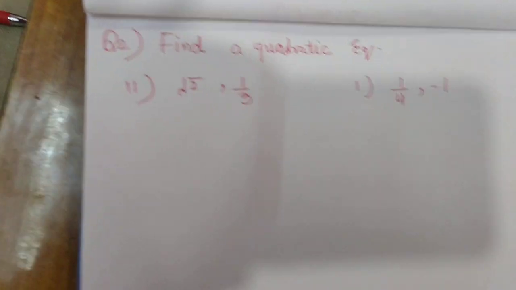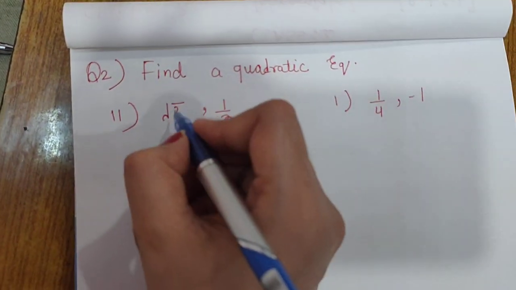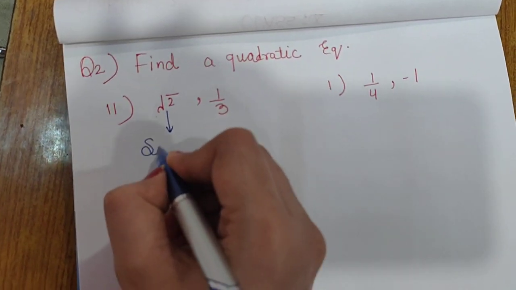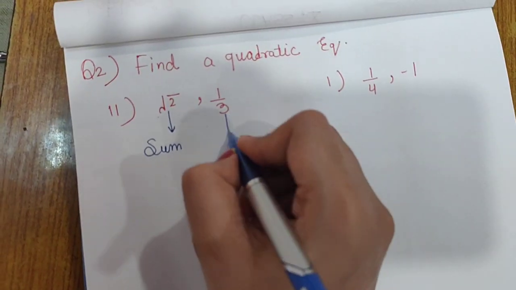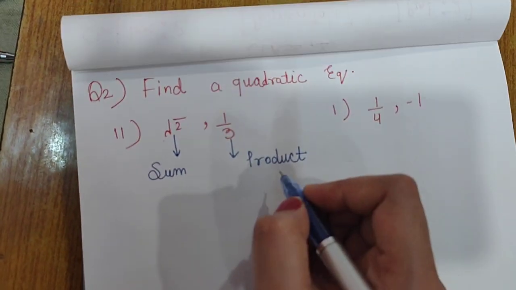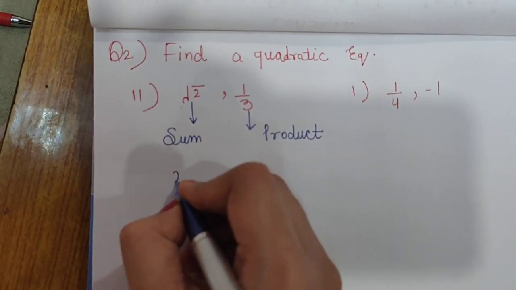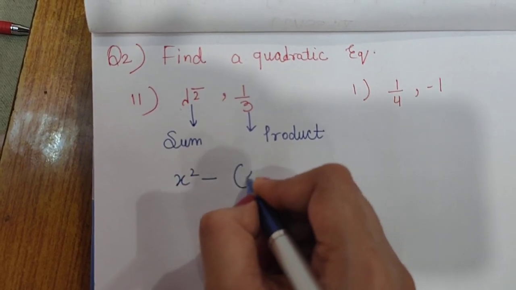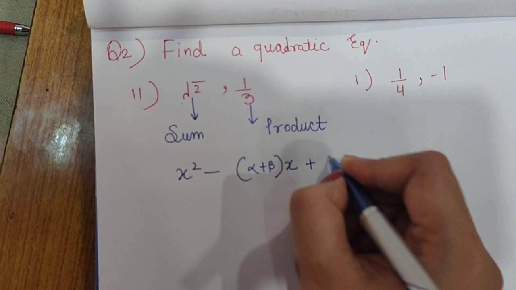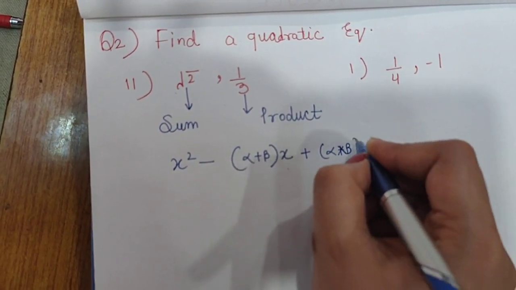Clear? So in question number 2 of NCERT exercise 2.2, sum and product are given. So this first one is the sum of zeros and this is the product of zeros. Why is the first one the sum? Because they have given in this order only. Okay, so what is the formula? x square minus alpha plus beta, it means sum of zeros, into x plus alpha into beta.